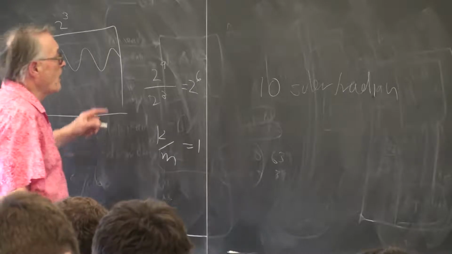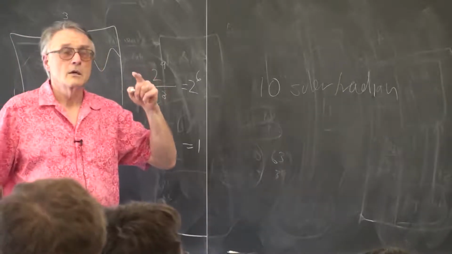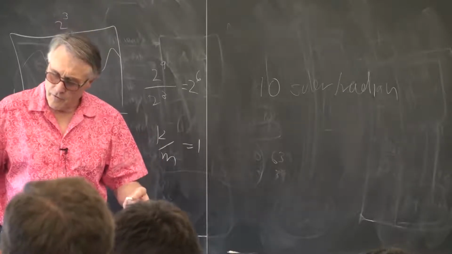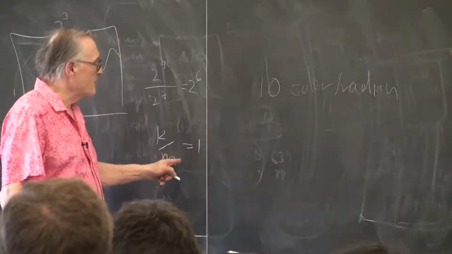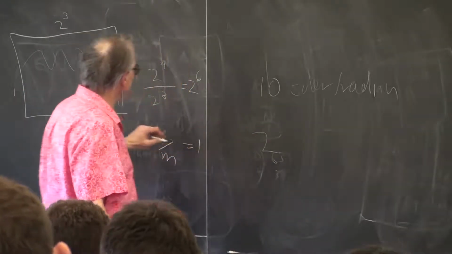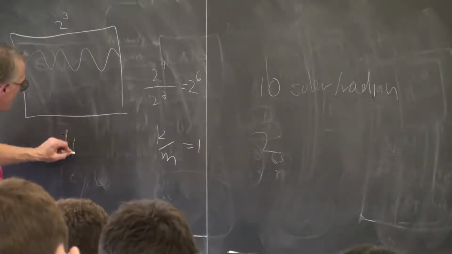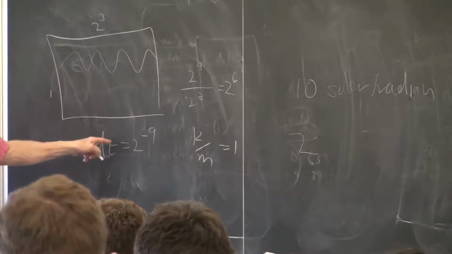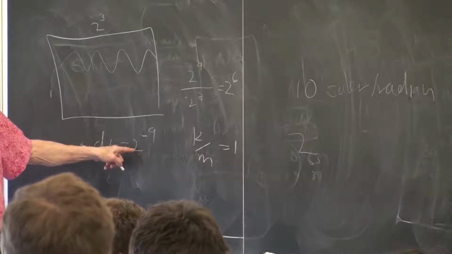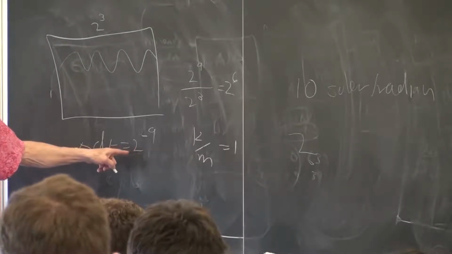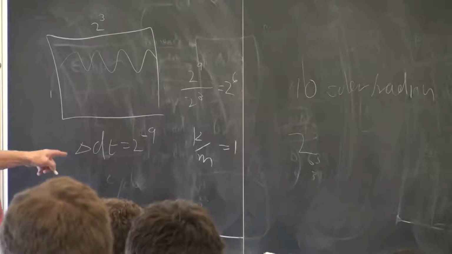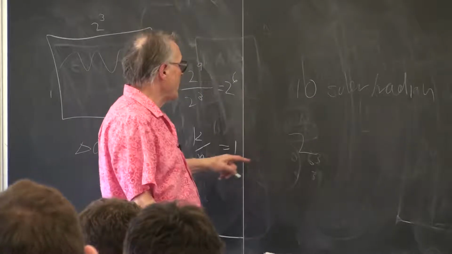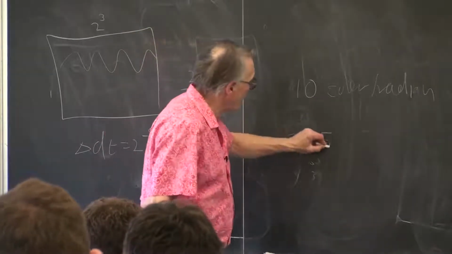And how many steps are there going to be in the solver for 1 radian? If k over m is 1, and you've taken a delta t of 2 to the minus 9, you get to choose this, but I'm suggesting 2 to the minus 9 is a good number. You might use 2 to the minus 8, certainly not a smaller number than that. Then you need 10 solver steps, and in 1 radian you're going to get 512.